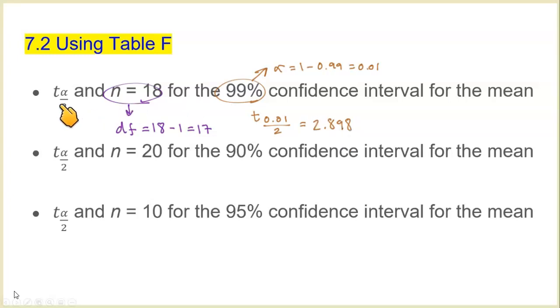Now, the t-distribution, or table F, has the same properties as the standard normal distribution, or table E. They have nearly identical properties. It's still a bell curve. It's still centered at the mean.